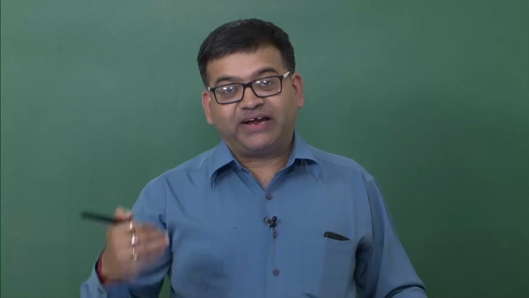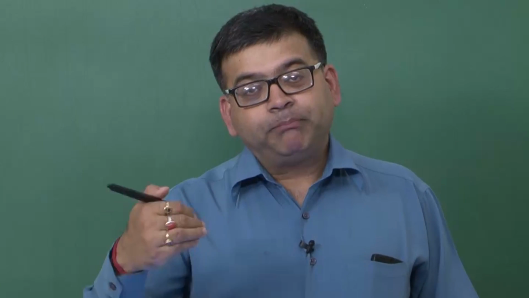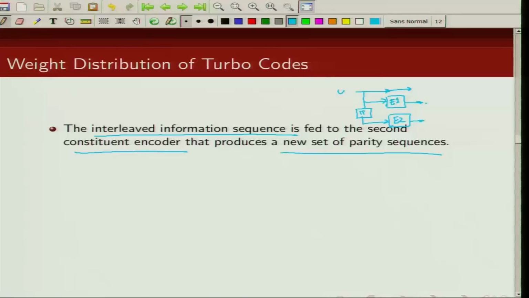We are going to send alternately parity bits from the output of the first encoder or the output of the second encoder. For example, let's call these V0, V1 and V2. At a particular time instance we will transmit V0 and V1 and would not transmit this parity bit, and at the second instance we will transmit this information sequence.